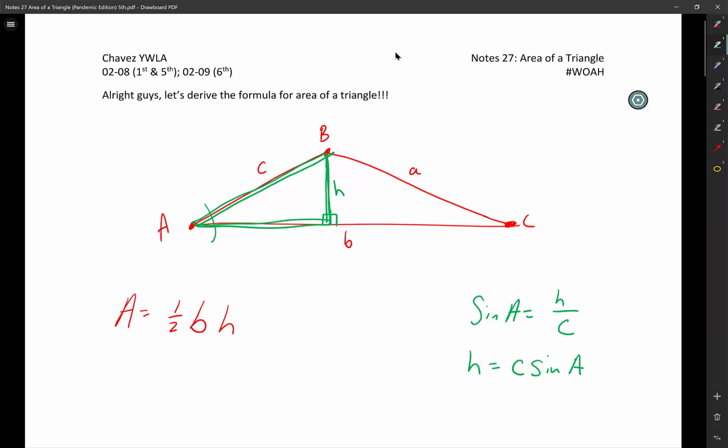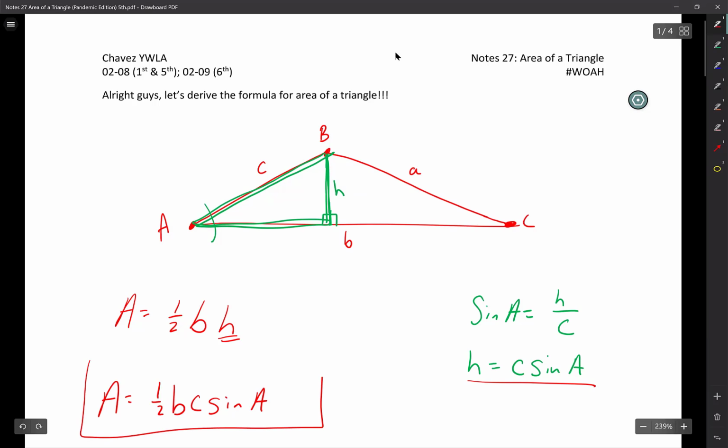Okay, and then from there, I can do a substitution into this H, and I can say area equals 1/2 B, and then substituting that C sine A. And there it is, guys. I have a formula that I can use to find the area of this specific triangle if given side B and side C and including angle A, where the two sides intersect.